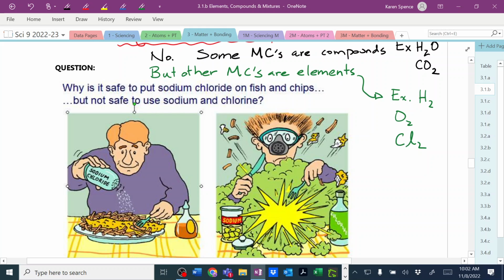It will rip open your lungs and just do nasty things to them. It will react with all the stuff in there. And do you remember what happened when we put the sodium into the water? What happened? Bam! What would happen if you put sodium into your mouth? Bam! Okay, you would have a huge explosion. It would be not nice. So we're not ever going to do that.